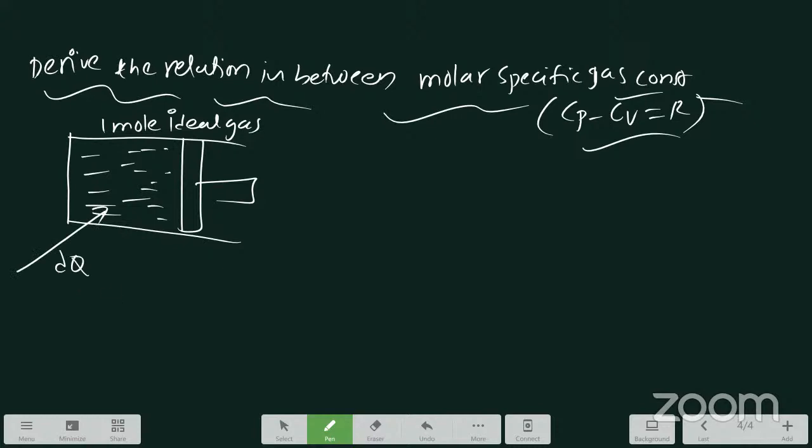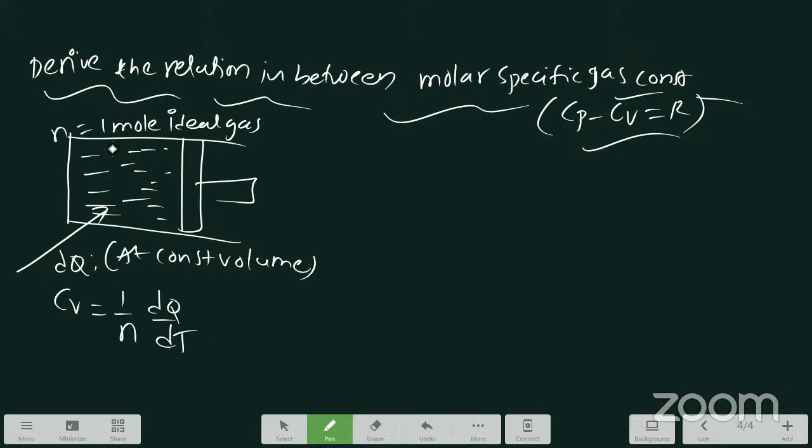We are supplying heat at constant volume. At constant volume, Cv equals 1 by n into dq by dt. n is nothing but the number of moles. Mole is nothing but the mass measurement for gas. n equals 1. Then what is the value, student?